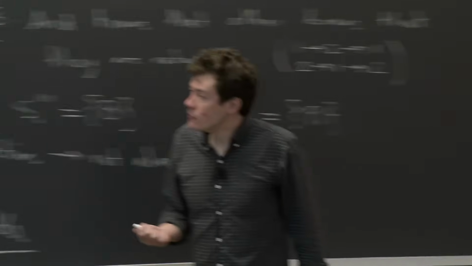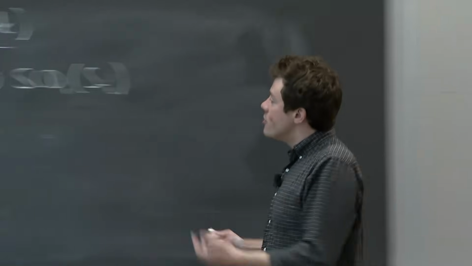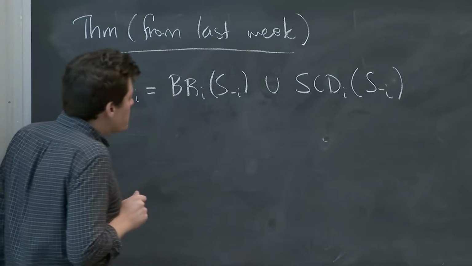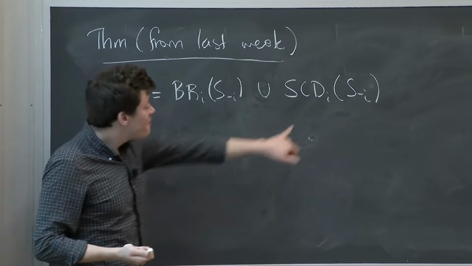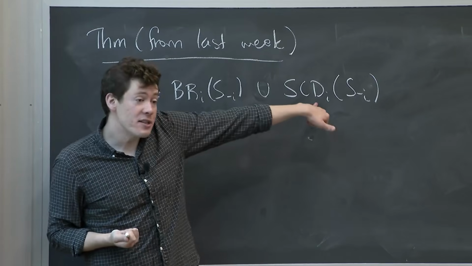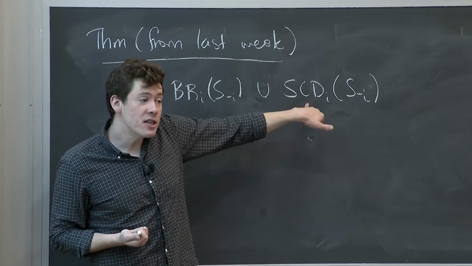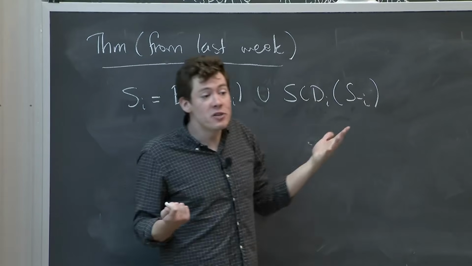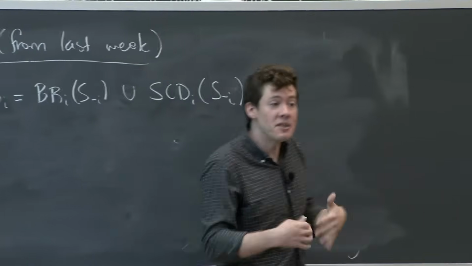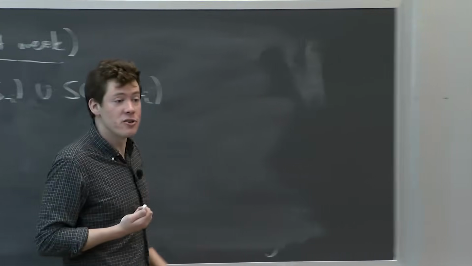So every strategy is either a best response to some belief, or it's strictly dominated. And again, this means strictly conditionally dominated, but strict conditional dominance, conditional on any possible strategy, just reduces to strict dominance. So strict dominance is a special case of strict conditional dominance.